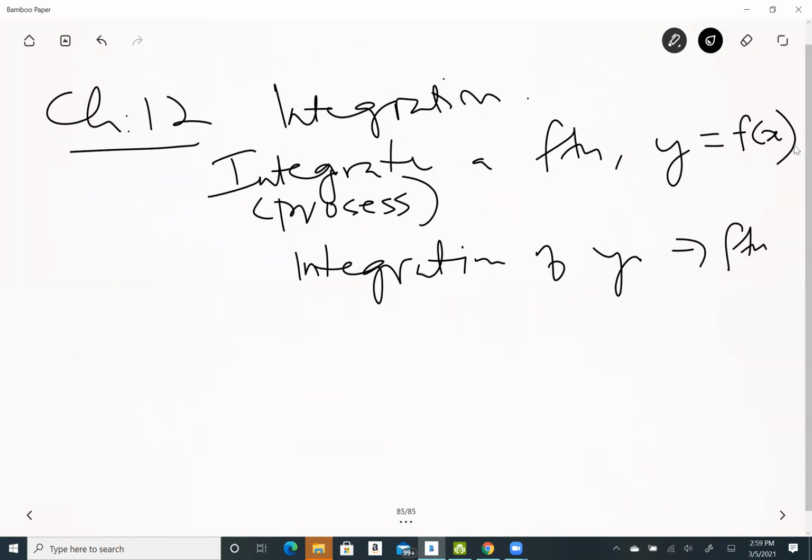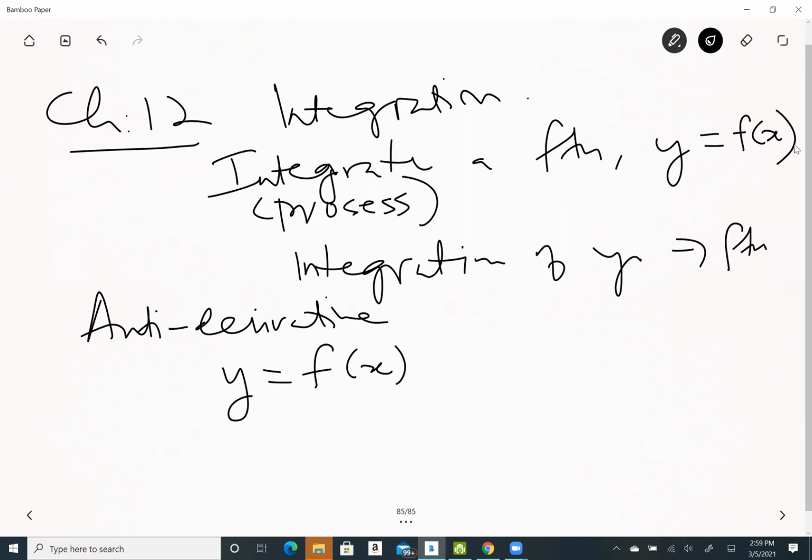Now, what is the idea? The idea of integration is the antiderivative. It's derivative going backward. In derivative, we are given the function and you find the derivative, which is y prime equal to f prime of x.